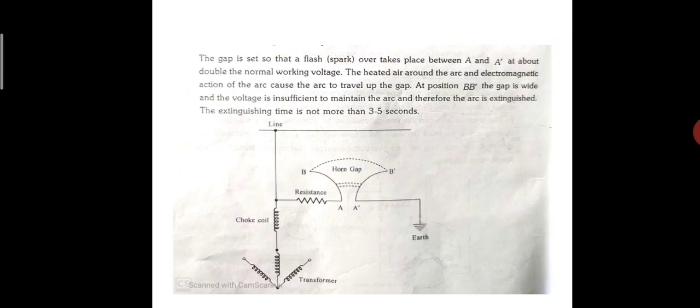The gap is set so that a flashover takes place between A and A dash at about double the normal working voltage.